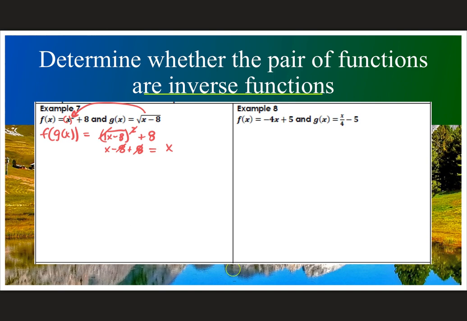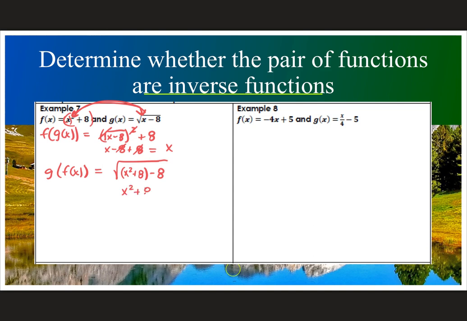I'm going to try the same thing the opposite way. So now I'm going to do g of f of x and see if that also equals x. So I start this time with the g part. So I'm going to put in parentheses where my x was. And then in the parentheses, I'm going to put x squared plus 8. So we've swapped it. So now we're taking this whole function and we're putting it over here where the x was. Oh, I don't have anything going on with these parentheses, so I'm going to drop the parentheses.